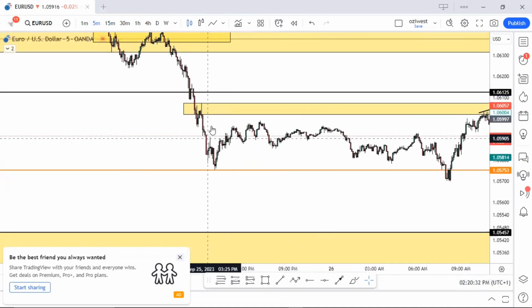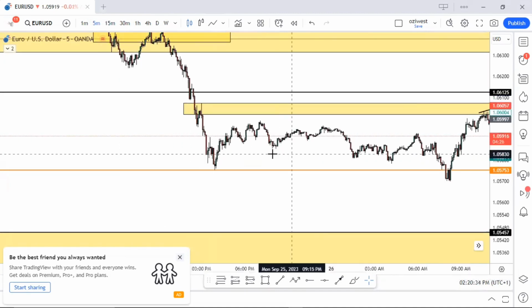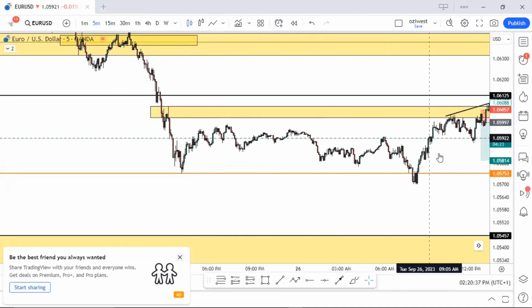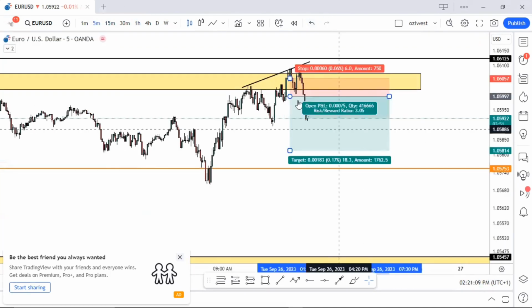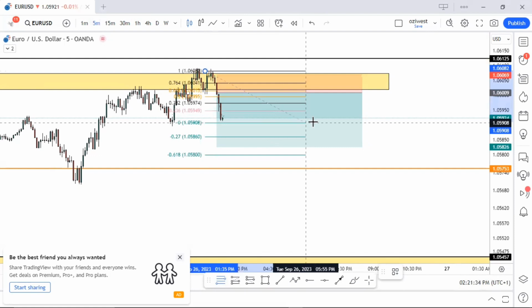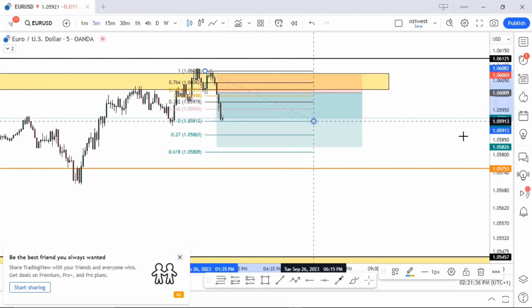All these places were resistance. After hitting our stop loss, price started falling like London Bridge.